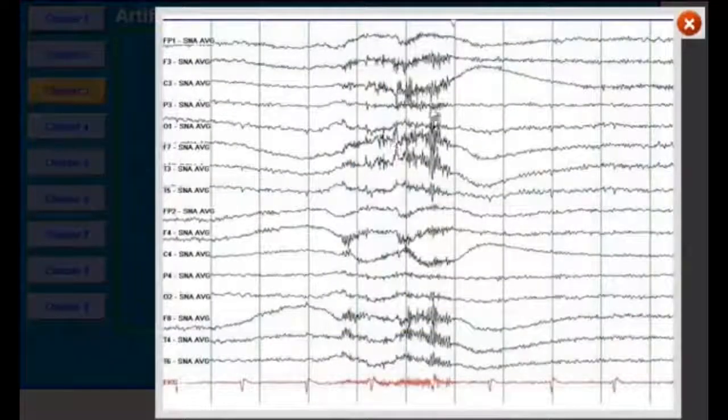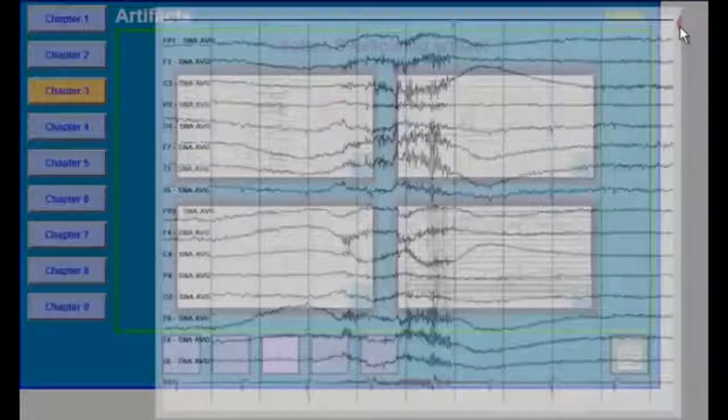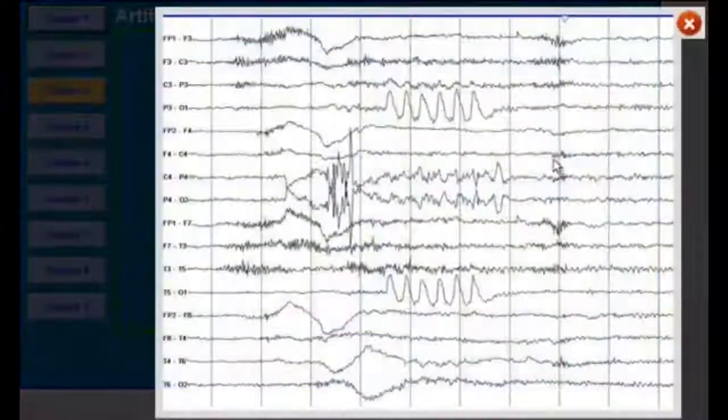So we see the muscle, we see the movement. So this is a swallowing artifact, as I discussed in the first slide. This is again a movement artifact and some kind of a rhythmic movement. It's hard to say what the patient was doing at this time, but whatever you see here, most of it is artifactual. This is beta frequencies, which are normally seen on the EEG.